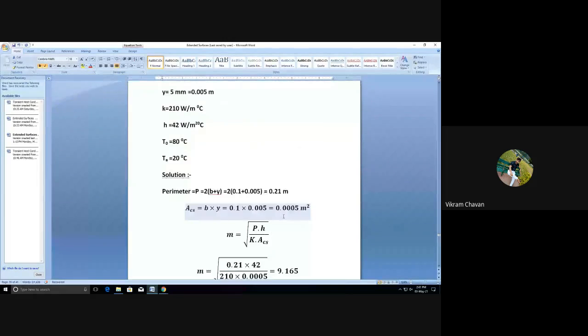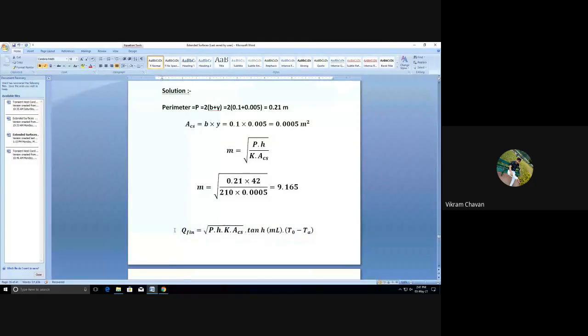If you consider the equation, Q fin is equal to under root of P multiplied by h multiplied by k multiplied by A suffix CS multiplied by tan hyperbolic of (m multiplied by L) multiplied by (T naught minus T A).